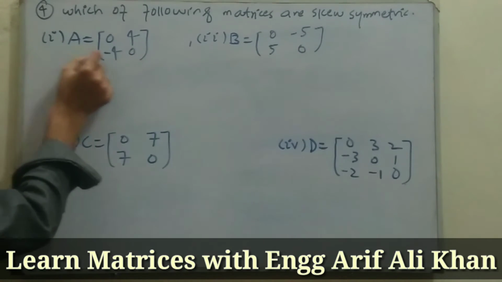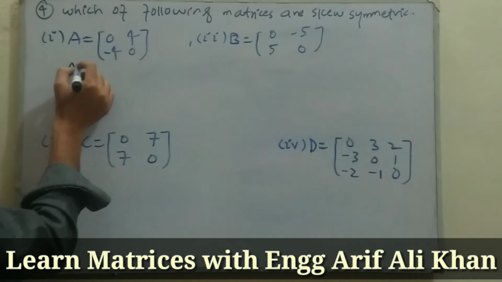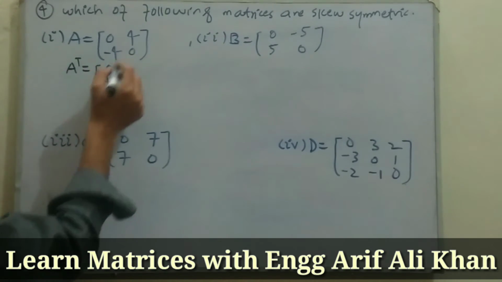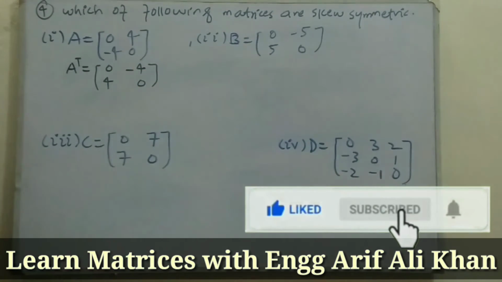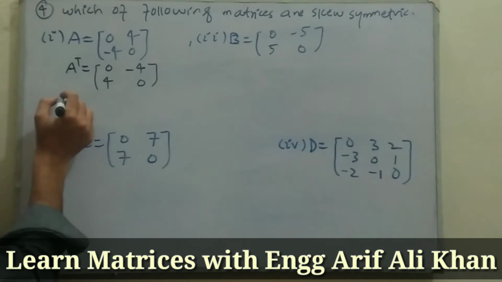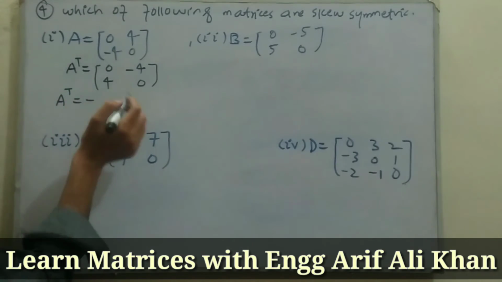Our matrix A is 0, 4 and minus 4, 0. So its transpose will become A power capital T is equal to 0, 4 will change into a column, it becomes 0, 4. Minus 4, 0 is in a row, it will convert into a column, it becomes minus 4, 0. Now this is A transpose, and we know that for skew symmetric matrices the transpose of the matrix will be equal to the negative times the original matrix.